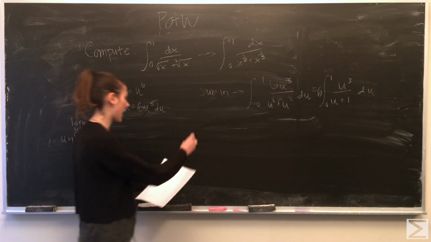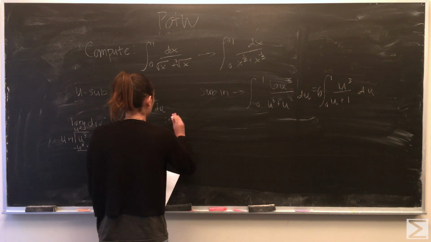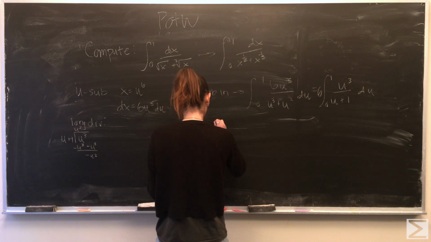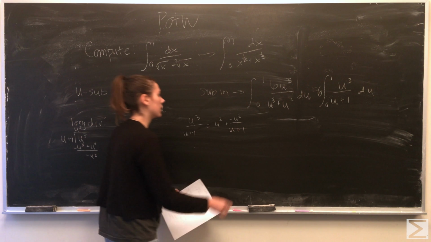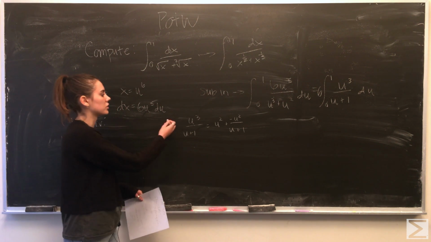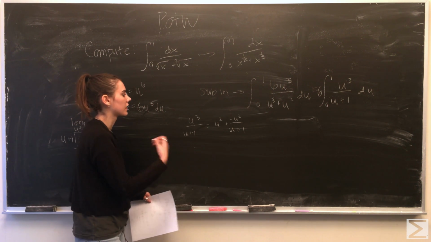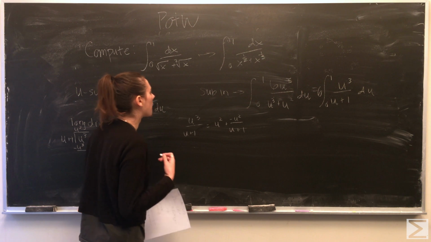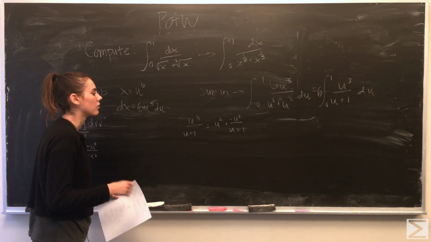So what we have right now is that the original function u cubed over u plus 1 is actually equal to u squared plus negative u squared over u plus 1.